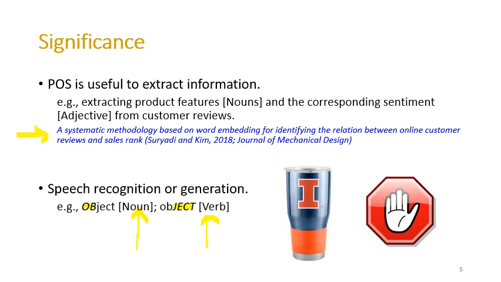You may also recognize the word that is spoken in the speech, like is the person talking about an object, or is the person talking about the action of objecting to something.